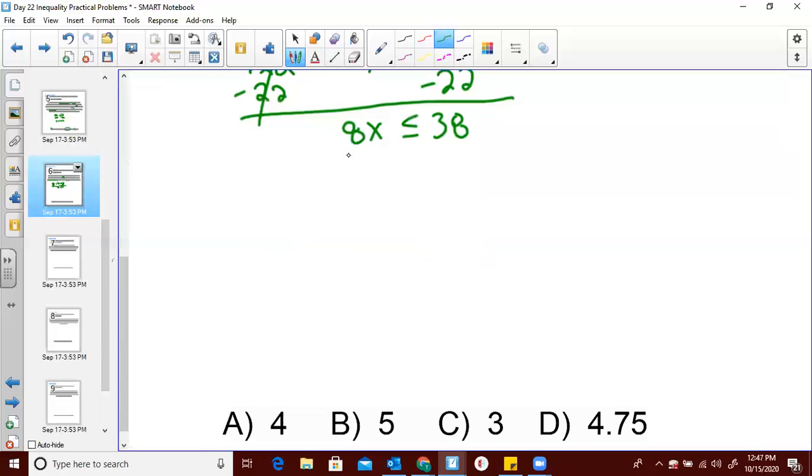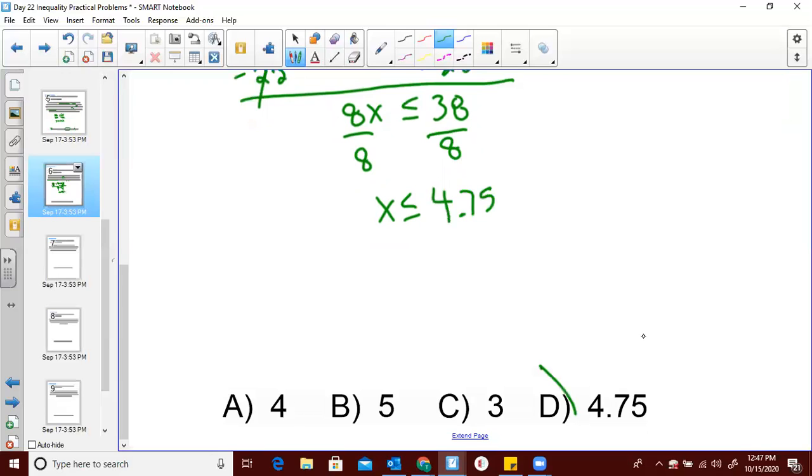All right, and we're back down to a one step problem, divide by 8. And I believe that 38 divided by 8 is 4.75. So like we said before, she's trying to buy shirts. You cannot buy a quarter of a shirt. So right away, D's out.